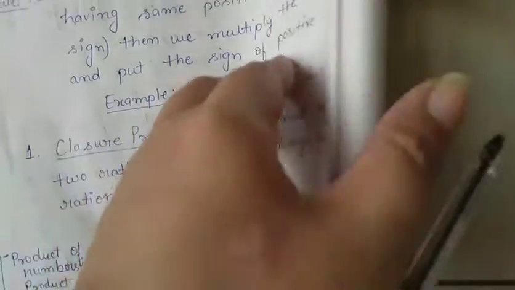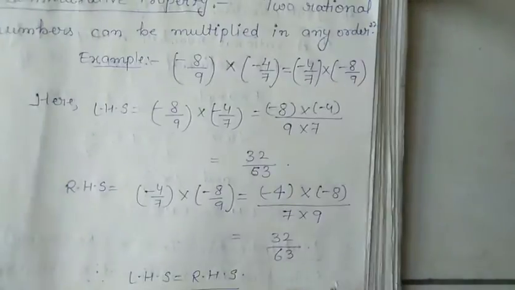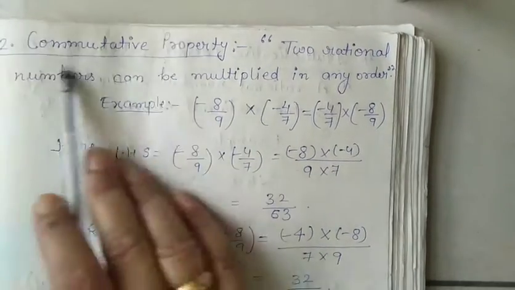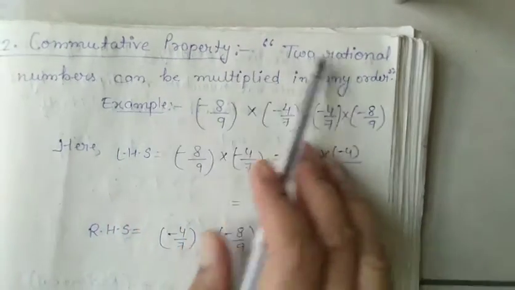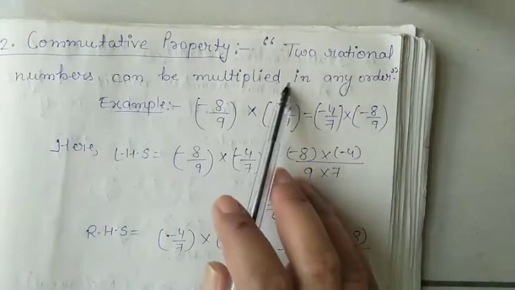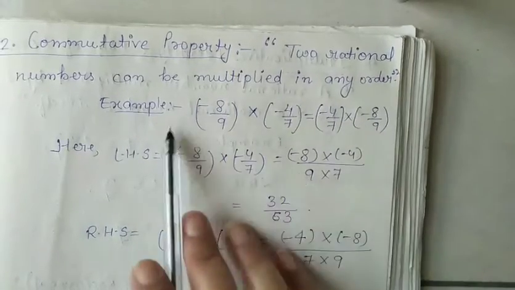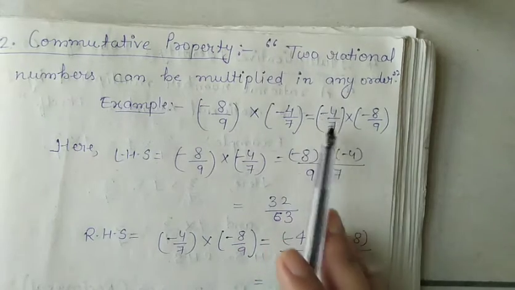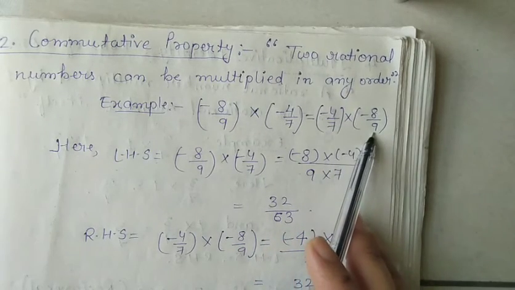Is that clear? Then our next property of multiplication is the commutative property. Two rational numbers can be multiplied in any order. For example, minus 8 by 9 into minus 4 by 7, and minus 4 by 7 into minus 8 by 9.